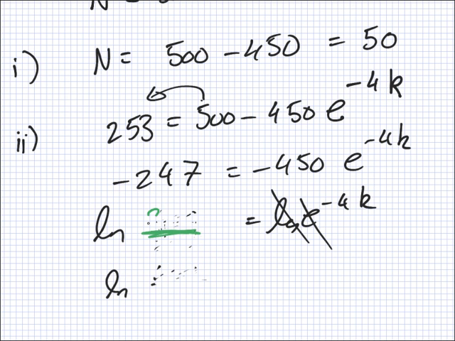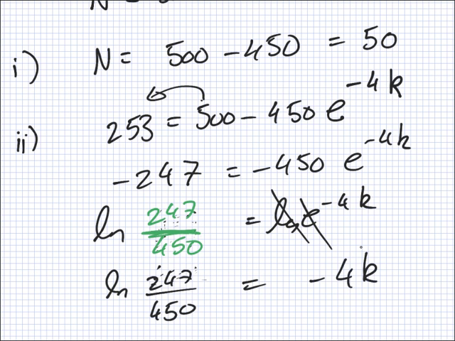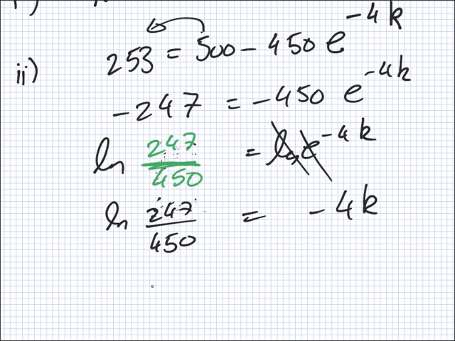Right, that is 247 over 450. So I'll leave it at the moment as a fraction, okay? Maybe I'll convert it in a second. I think I'll just put it all in the calculator in one go.